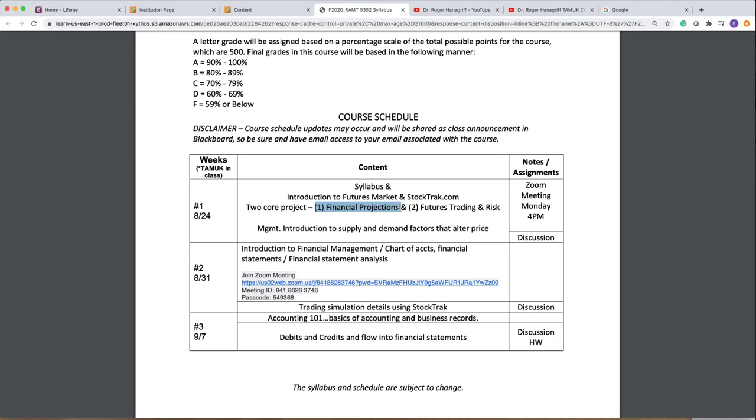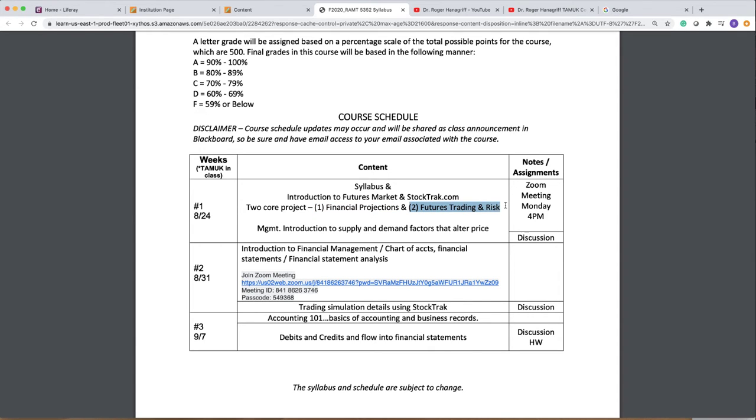We're focusing heavily on cash flow budgeting and how a cash flow budget can be used to create projected financials and the analysis that relates to that. That'll involve time value of money and capital budgeting. Lots of things are in this financial projections core part of the course, so that's a major focus, and you'll see that as I go through the parts.